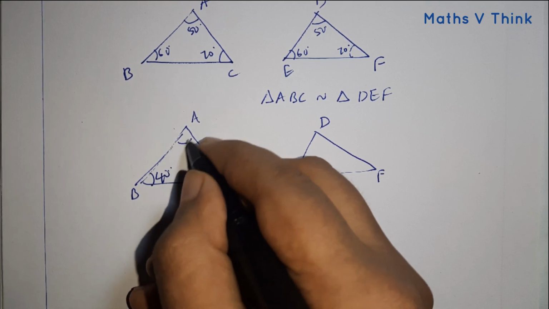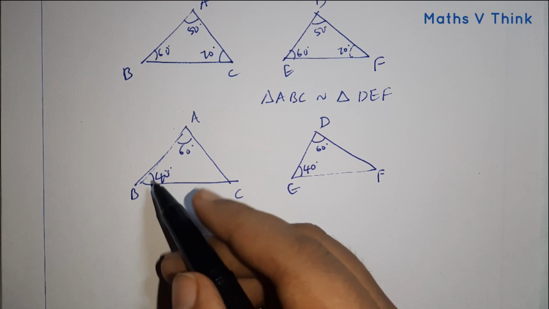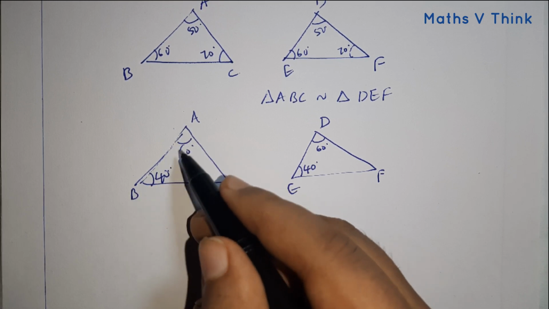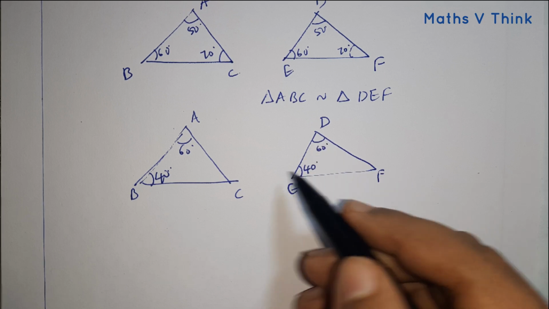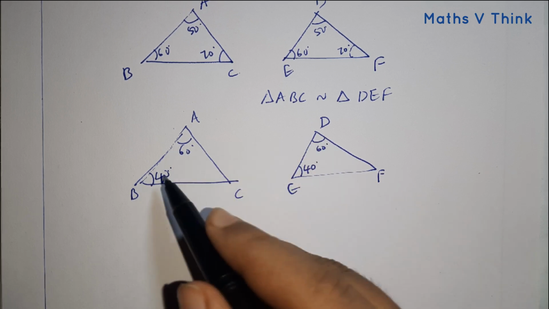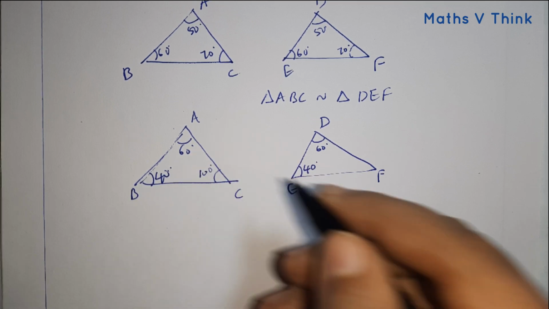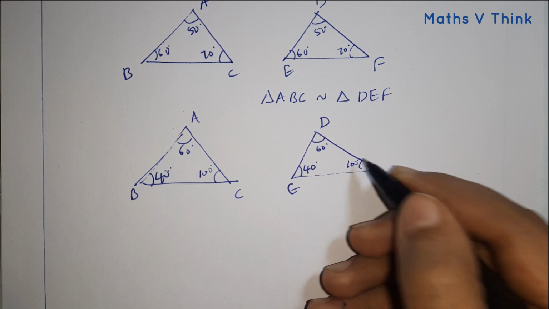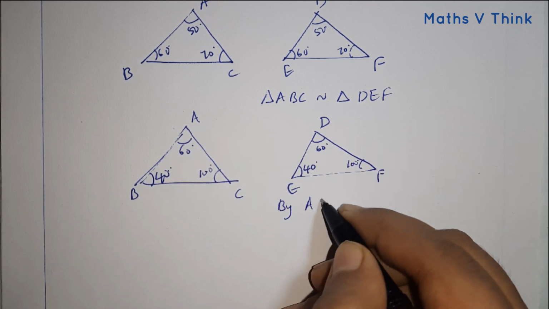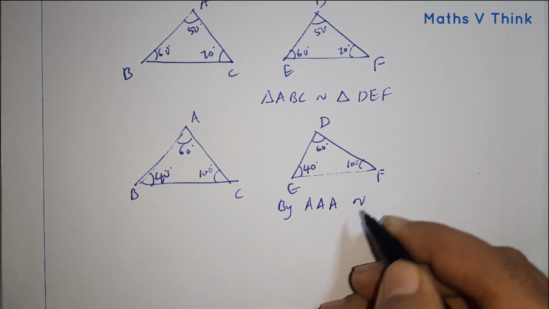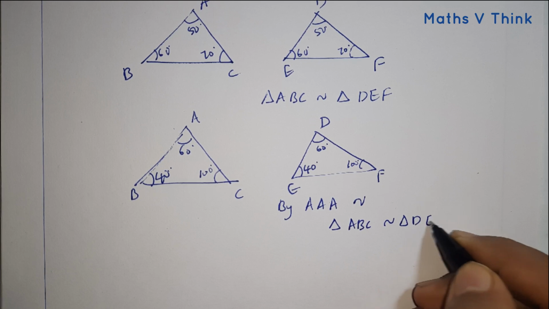This be 40, this be 60. 40, 60. You can see that in triangle ABC only two angles are given, same way in DEF two angles are given. These two corresponding angles are equal. When I apply the angle sum property, I get this as 100, same way for this 100, same way all the angles have become equal. Again I can tell by angle similarity, triangle ABC is similar to triangle DEF.